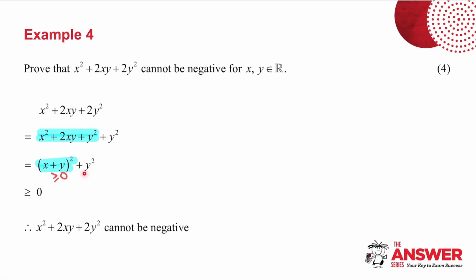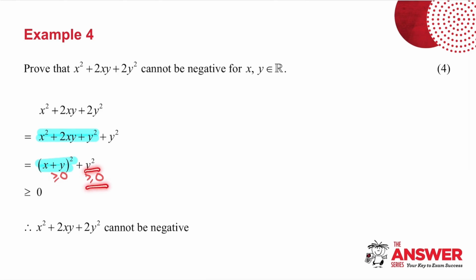What do you know about y squared? You know that it also is greater than or equal to 0. And remember, they told you that x and y are real numbers. So I don't need to worry about what happens if x and y are square roots of negatives and things like that. Because we're dealing with real numbers, x plus y all squared is always greater than or equal to 0.